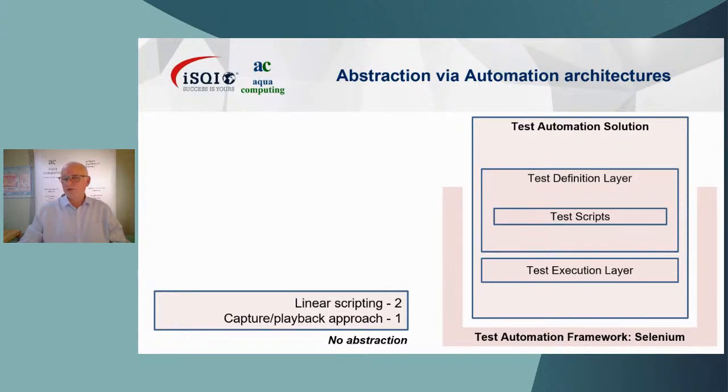The automation solution is a very simple one: when we're preparing for test execution, the final bit of preparation, which ISTQB would refer to as the test implementation part of the process, we build a test definition layer of test scripts. There are all these test scripts duplicating code, and then we run them. That is essentially the most basic of architectures, which can have those issues.